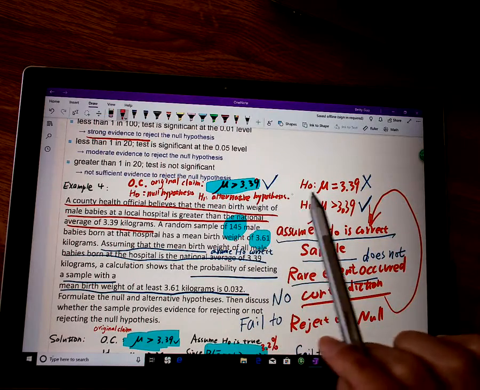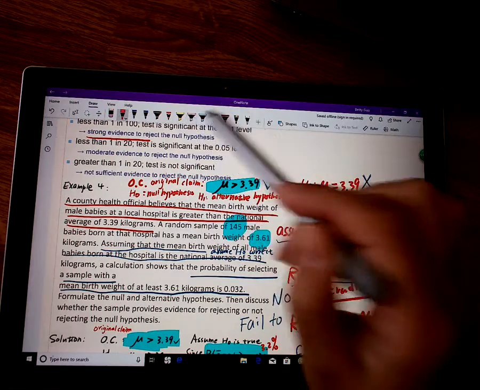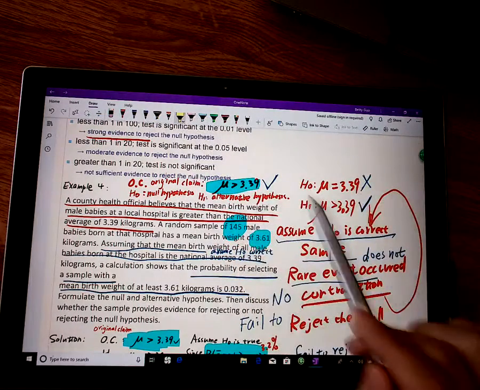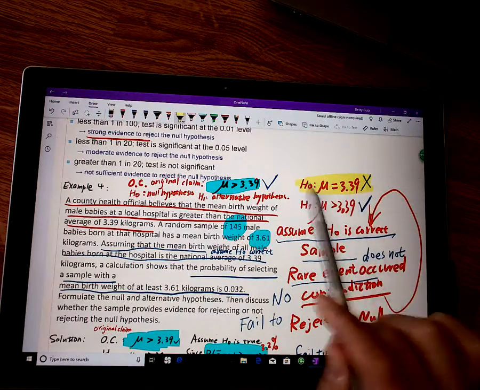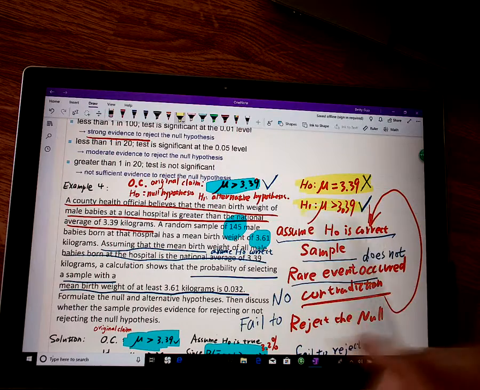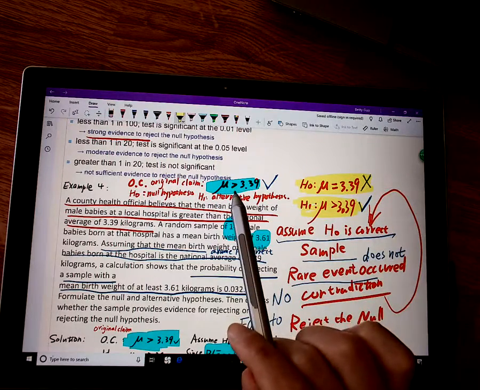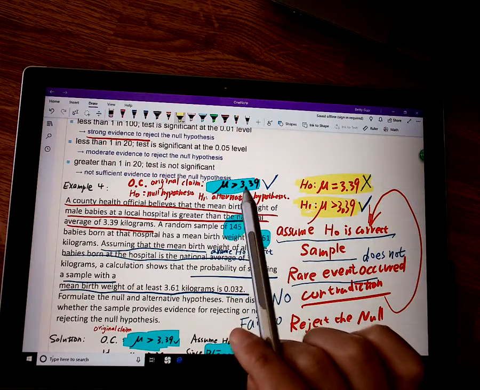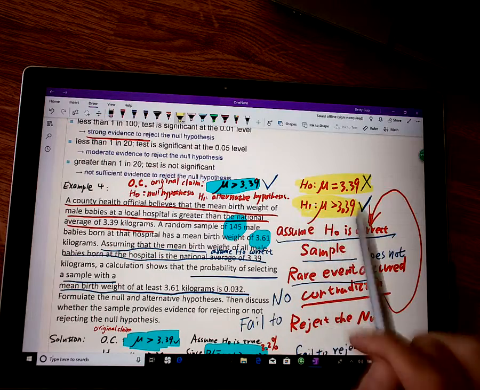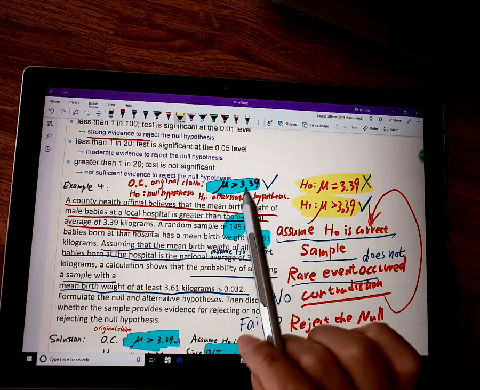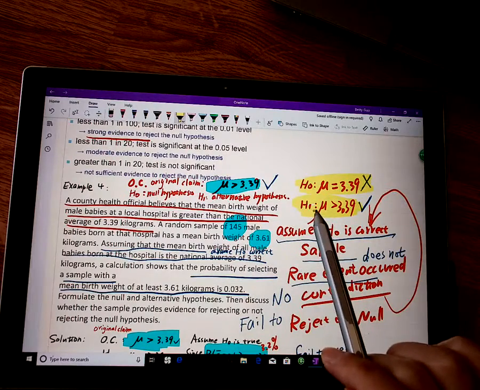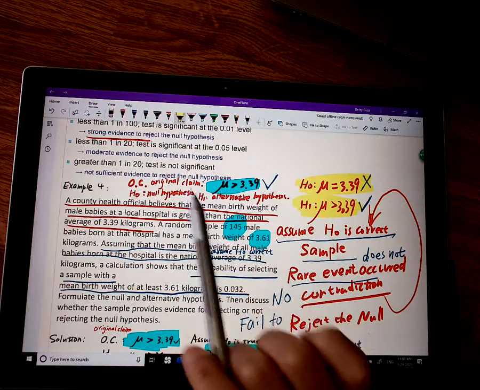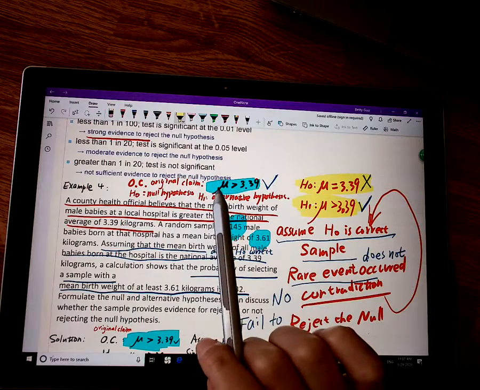And then we are going to go ahead to find the null and the alternative. The null is always mu male equals the value. And the alternative is the same as the original claim. That's a rule.